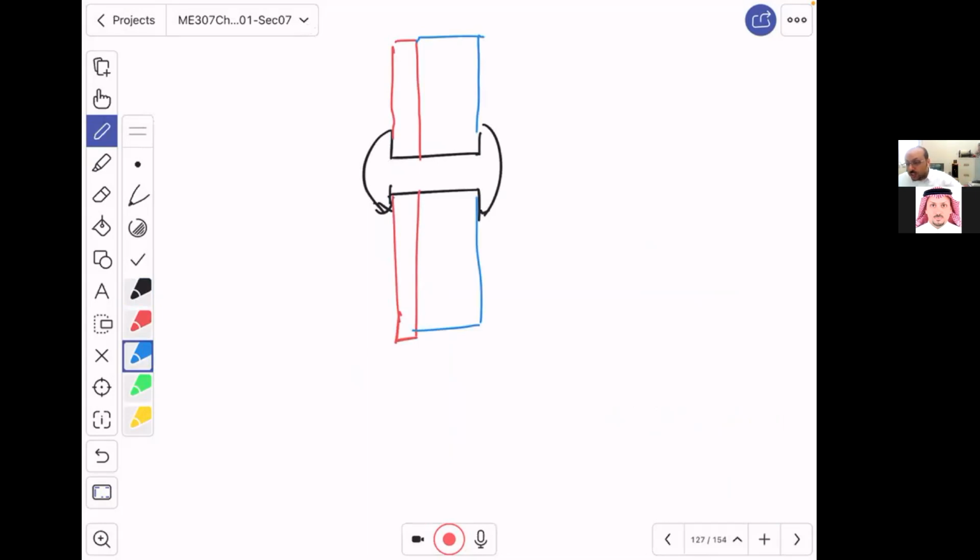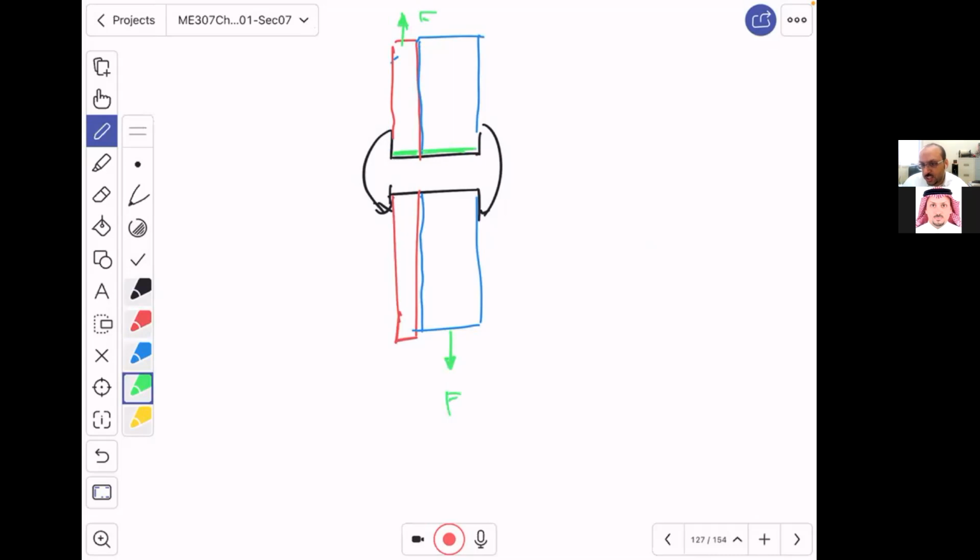Now, I intentionally made these two plates, one of them red, one of them blue. They are different and they have different thicknesses. So you want to be careful when you analyze it. This is just a hypothetical example. The idea here is that, if you have the shear forces, you would want to check what happened to this one and what happened to this one.